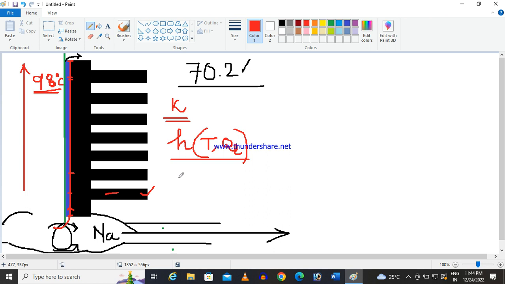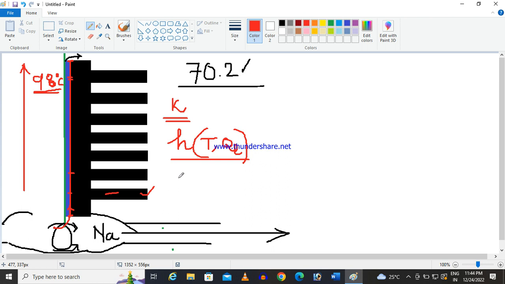So today CFD and finite element modeling software are available. I have used a few tools. I have used COMSOL, the CFD module and heat transfer module.